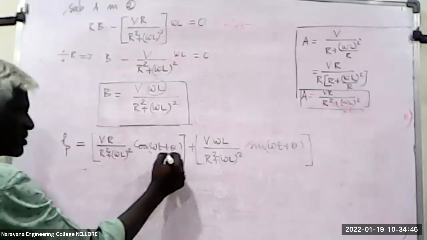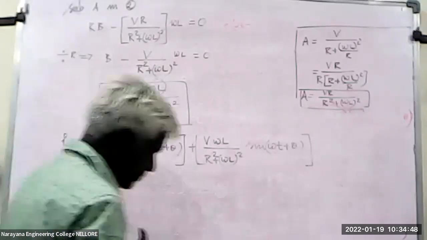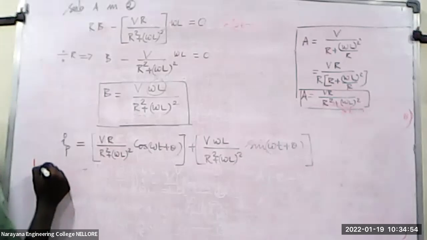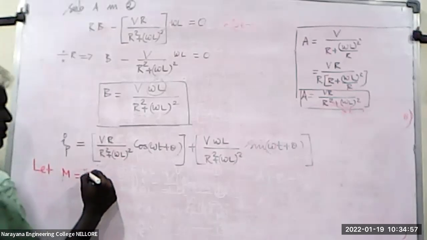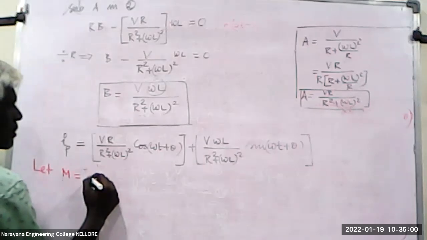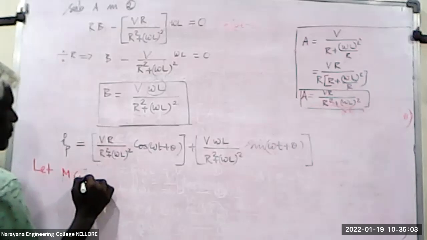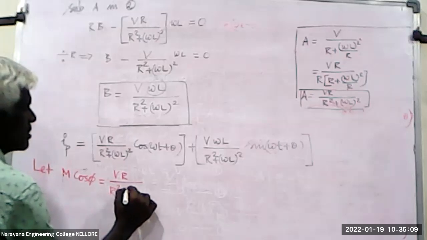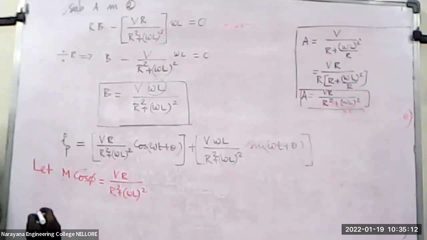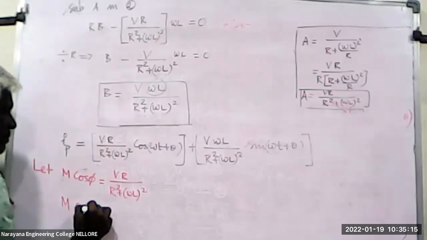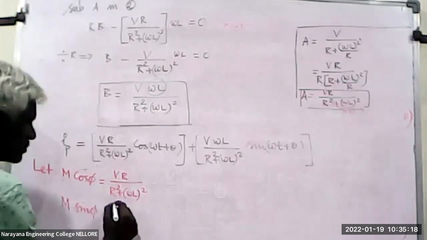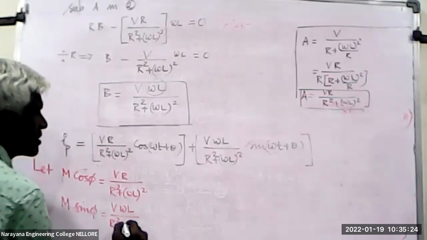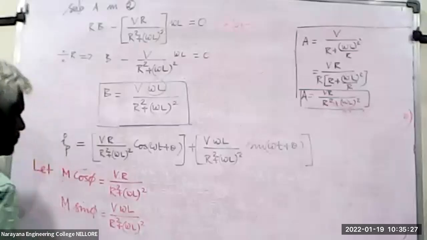Let us take the coefficient of cos omega t as m cos phi, and the coefficient of sin omega t as m sin phi. So m cos phi is equal to VR divided by R square plus omega L the whole square, and m sin phi is equal to V omega L divided by R square plus omega L the whole square.